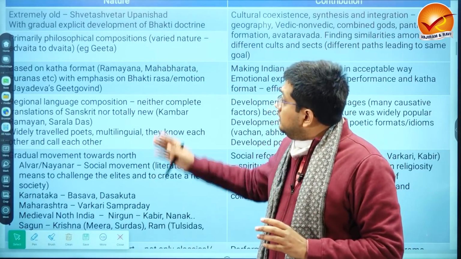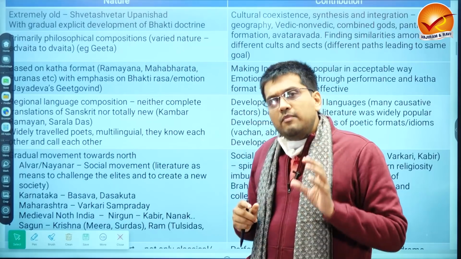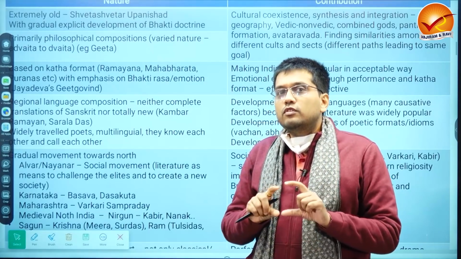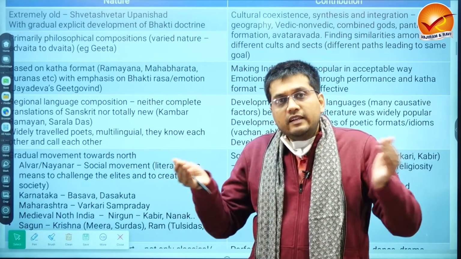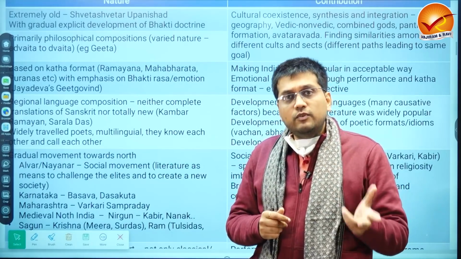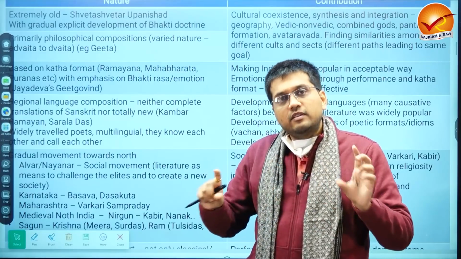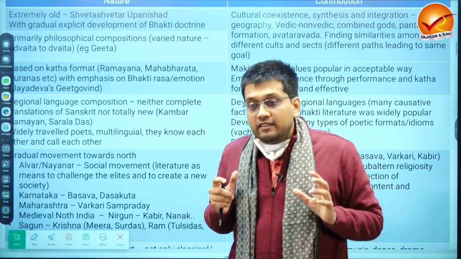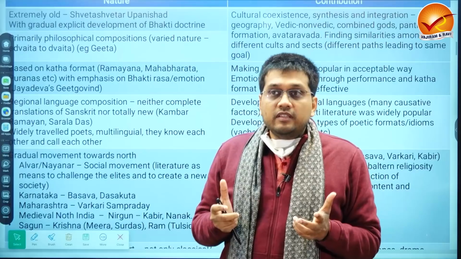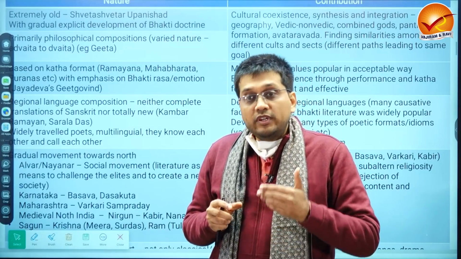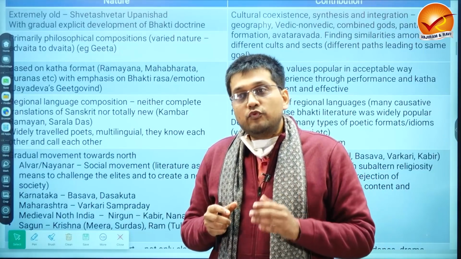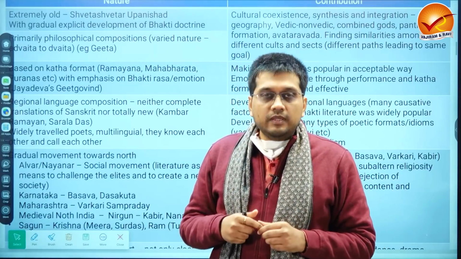Then, the nature is primarily philosophical, but it is not monolithic. Different philosophical points of view are ingrained in Bhakti literature, starting from Advaita to Dvaita. The entire spectrum is present. The way this literature presents the idea of Bhakti is primarily through the Katha format, storytelling, narrative format, through which it reaches common masses very easily.